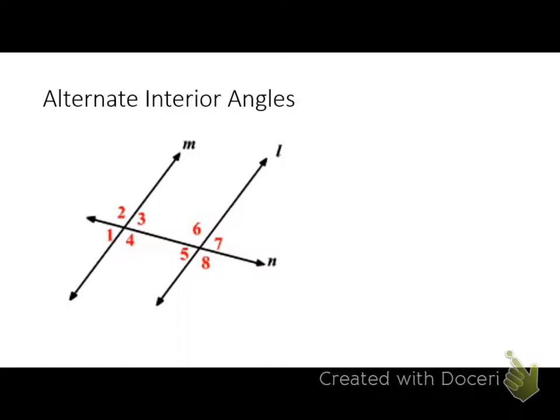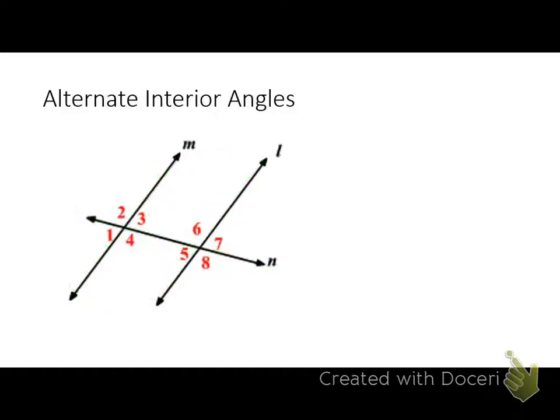So in my picture, again, here's your transversal, and then there are your double lines. We'll start with, what angle is on the inside of the double lines? 3. What is 3 going to be alternate interior with? 5. Good. And then 4 and 6. So if you have alternate interior, you're also going to have alternate exterior.